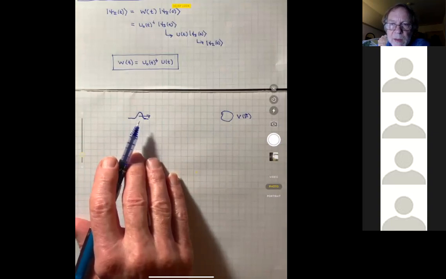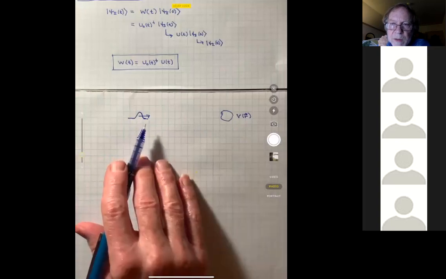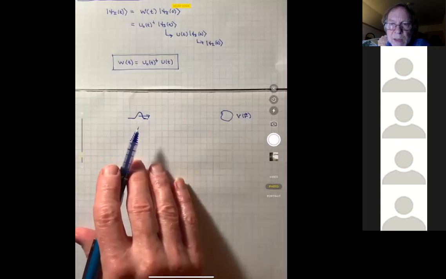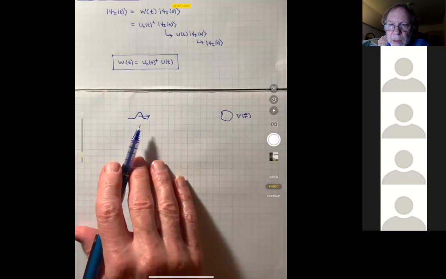So initially the wave packet evolves according to the free particle Hamiltonian. You might as well just say it also evolves according to the exact Hamiltonian. It doesn't make any difference, because the potential has no effect if the packet doesn't overlap with it. So either one is okay. But let's say it evolves according to the unperturbed Hamiltonian.